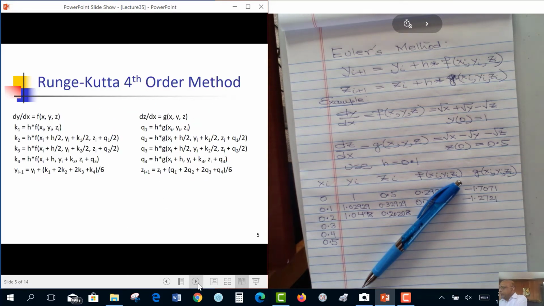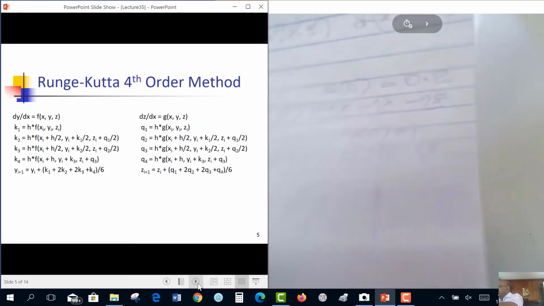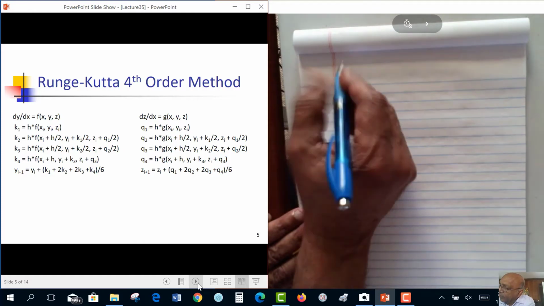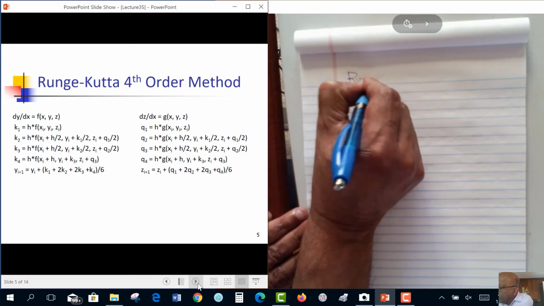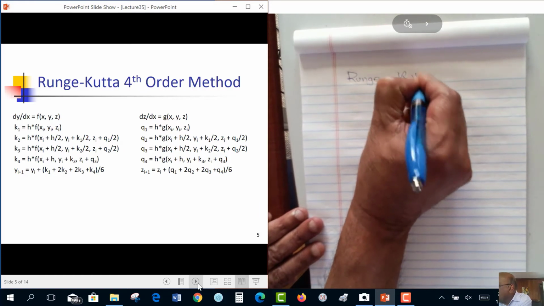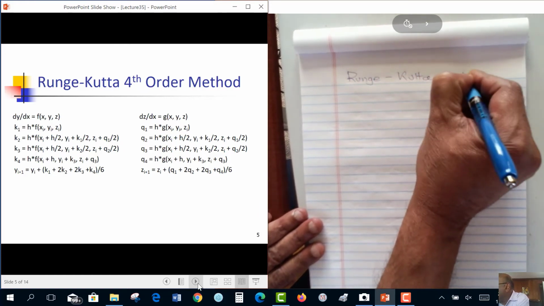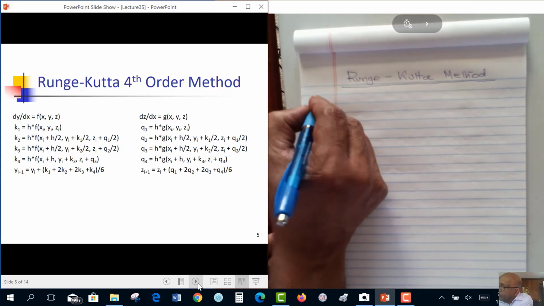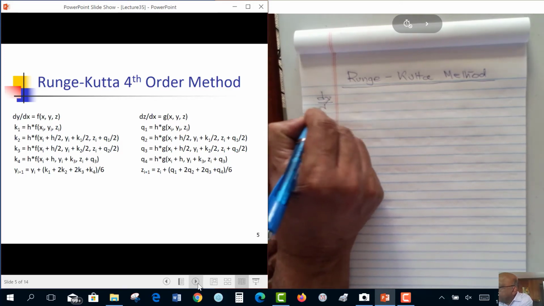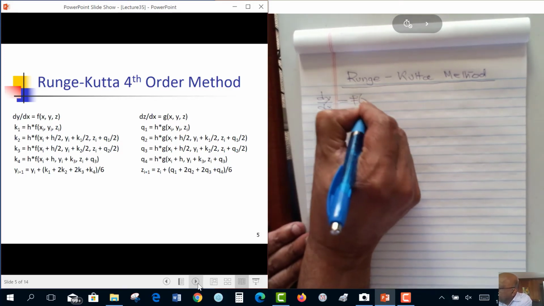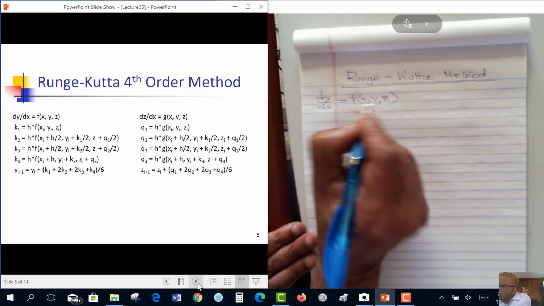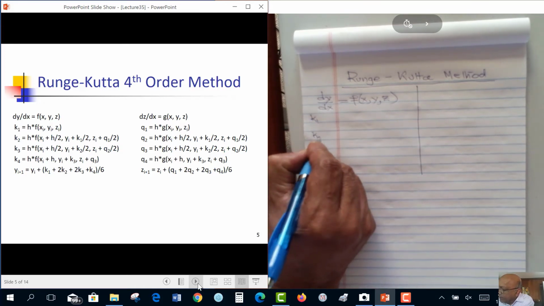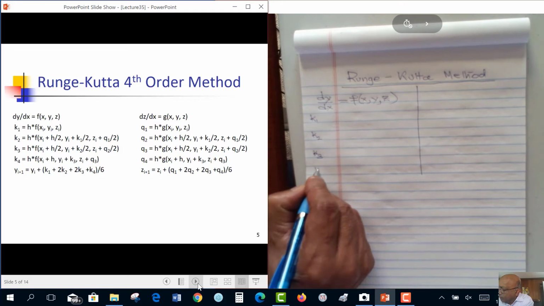Let's see the next method, Runge-Kutta method. So what did we do in Runge-Kutta method? When we had dy/dx equal to function of x, y, z, we did 4 slope estimates, k1, k2, k3, k4.